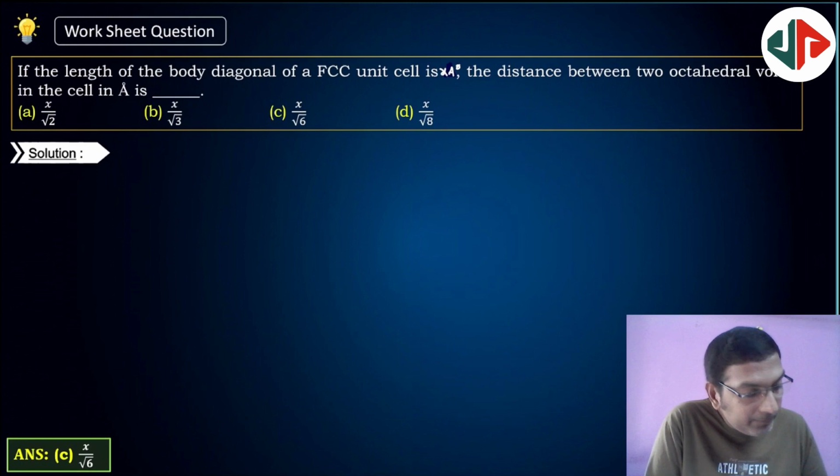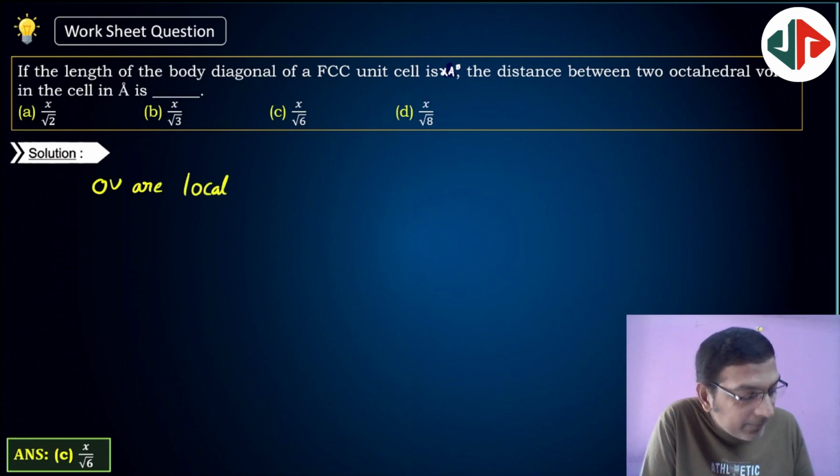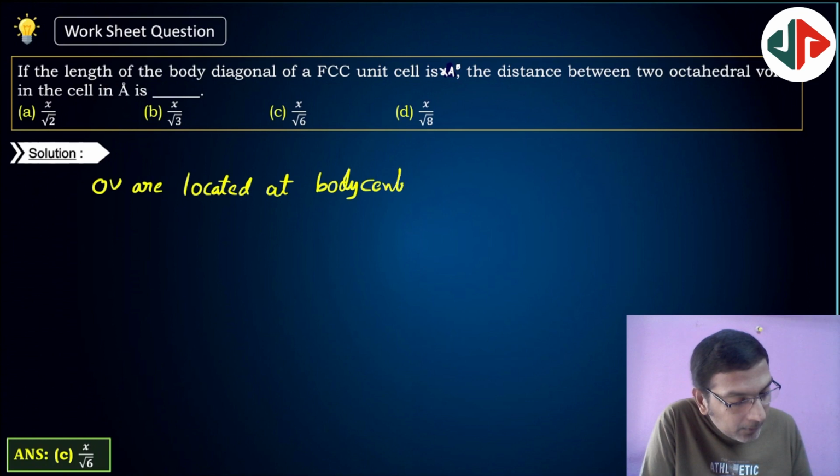If the length of body diagonal of face centered cubic is x angstrom units, the distance between two octahedral voids. That means we have to measure here shortest distance between two octahedral voids. So here I will write octahedral voids are located at body center and edge centers.